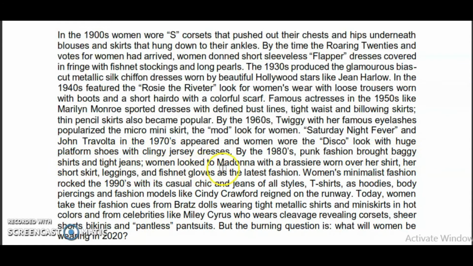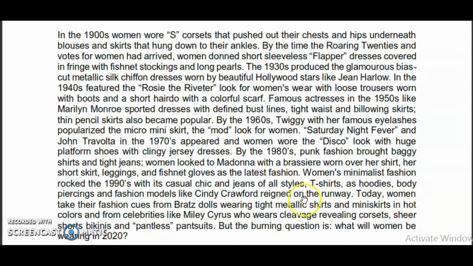Women looked to Madonna with a brassiere worn over her shirt, her short skirt, leggings, and fishnet gloves as the latest fashions. Women's minimalist fashion rocked the 1990s with its casual, chic, jeans of all styles, t-shirts, hoodies, body piercings, and fashion models like Cindy Crawford reigned on the runway.